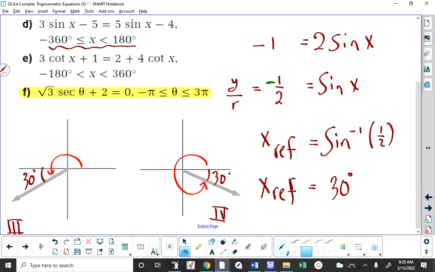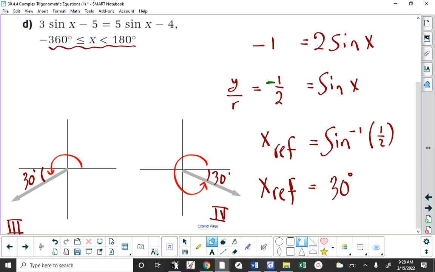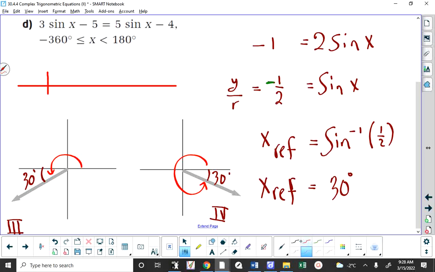Now, if we do that, for the one that's in quadrant 3, we will get theta equals 210 degrees.